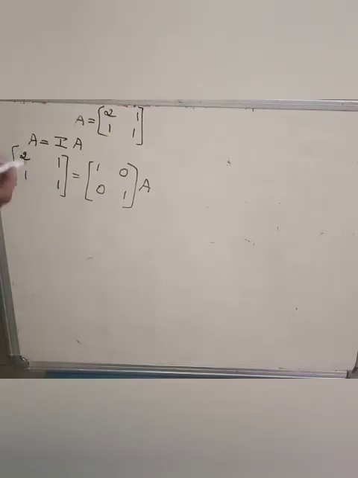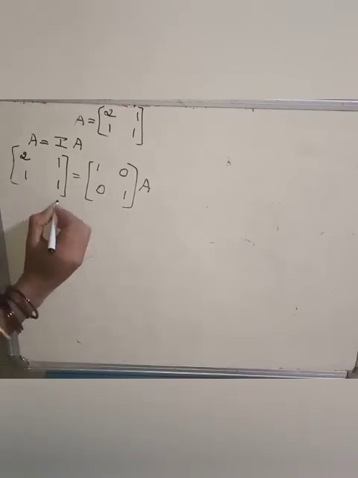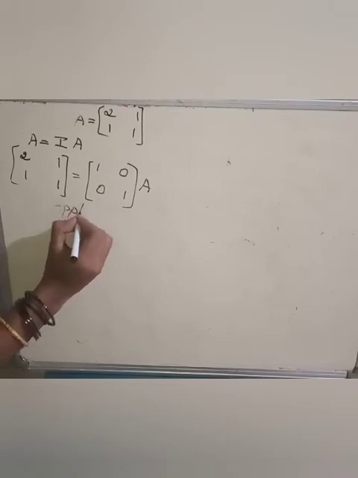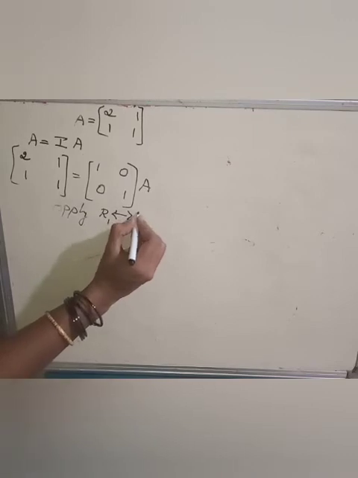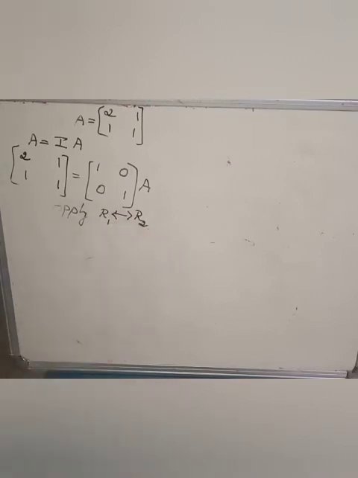So if you interchange these two rows, row 1 and row 2, instead of 2 we'll get 1. So I'll apply the elementary operation: row 1 and row 2 get interchanged. The entire row 1 and entire row 2 are interchanged.